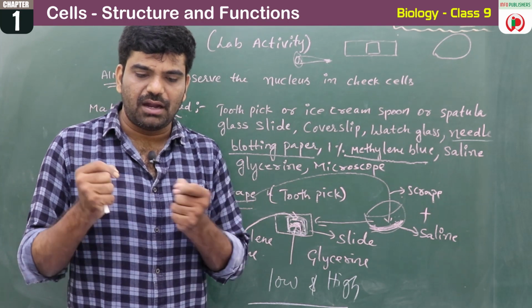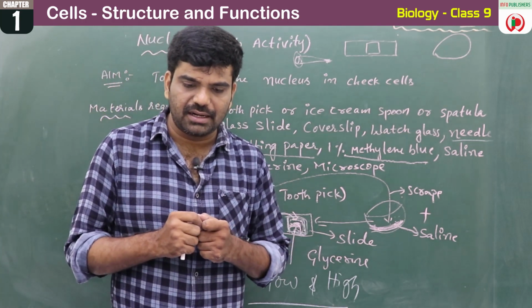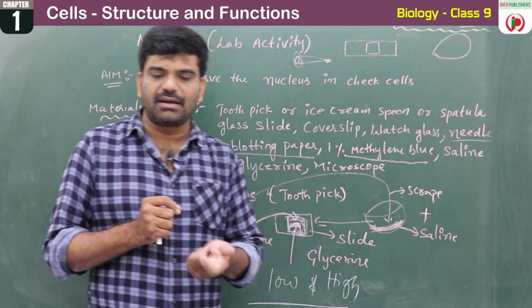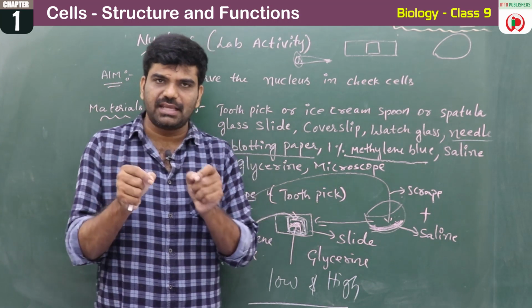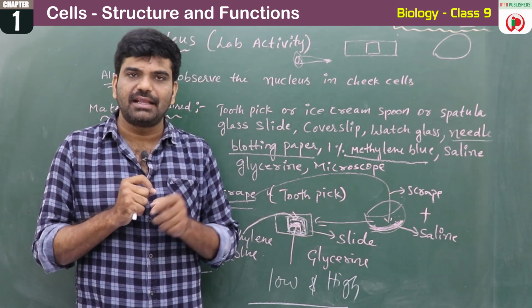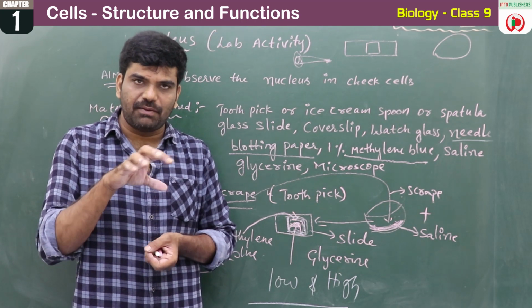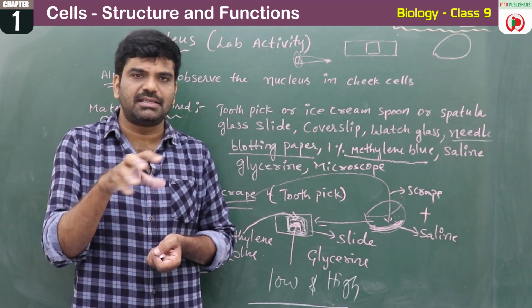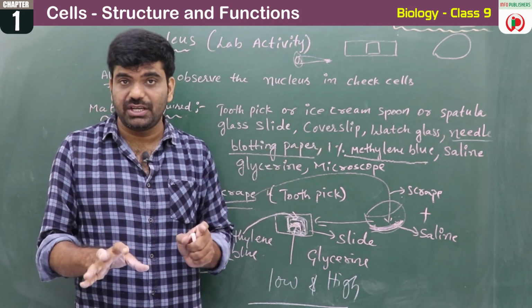We have already studied this dark colored dot in a cell. We have taken the cell. Which cell? Cheek cell. What is the shape of the cheek cells? It is almost circular in shape, whereas the onion cells are rectangular in shape.